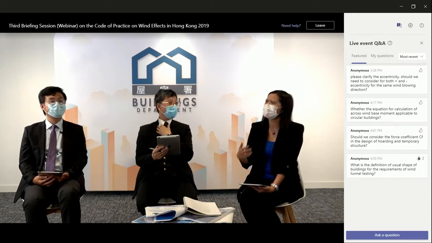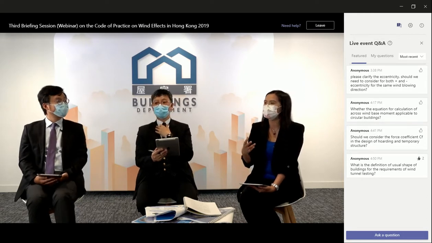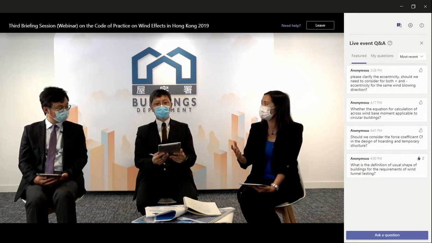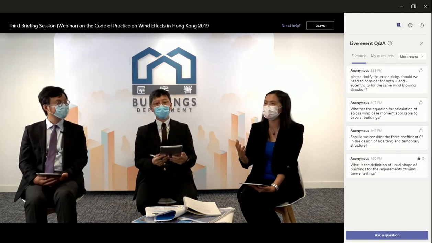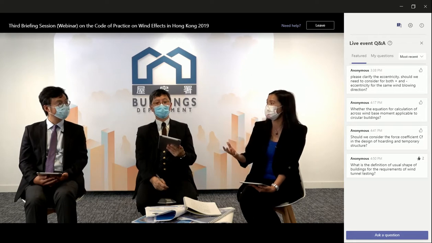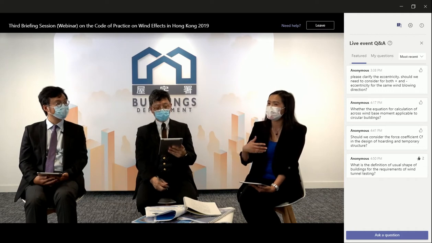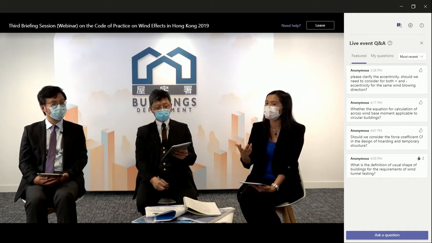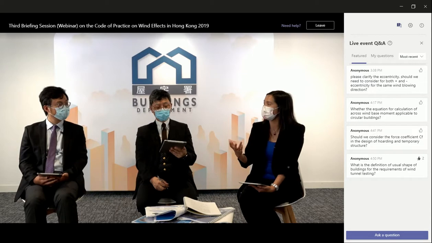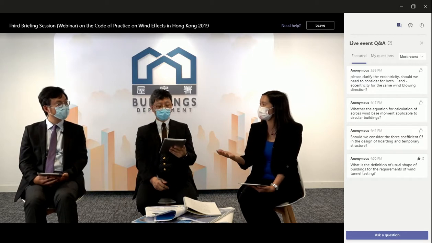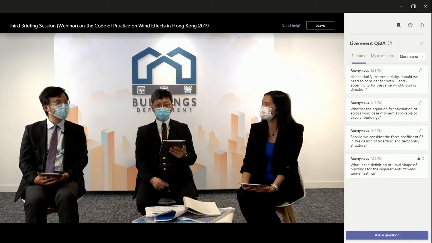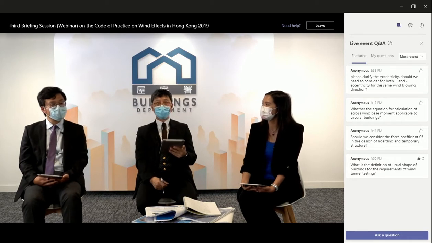In this case, I think all in all, we consider that the aerodynamic flow across the building is a smooth one without a lot of vortex shedding and also turbulence effects. So if there is a building with very significant vortex shedding, then it may probably be an unusual shape. Can I interpret it in this way?